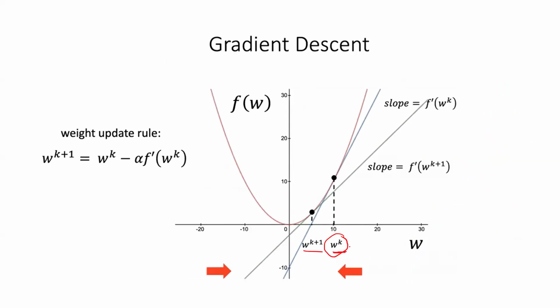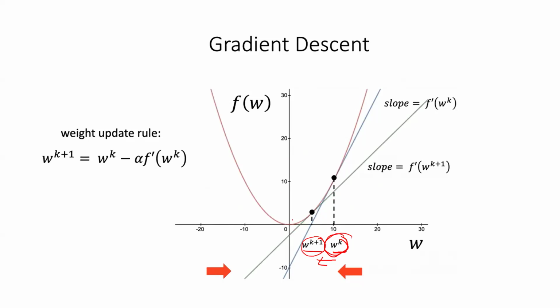You can see that I have changed the weight from W of k to W of k plus 1. With this change in the weight, we can see that I am moving towards the minimum cost. So this is what we are actually going to do.